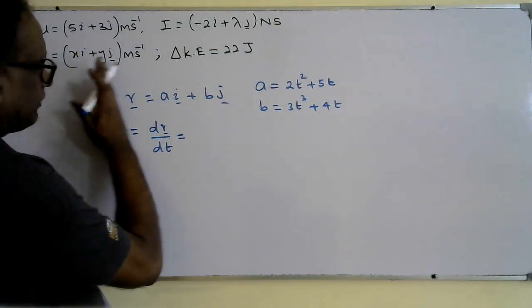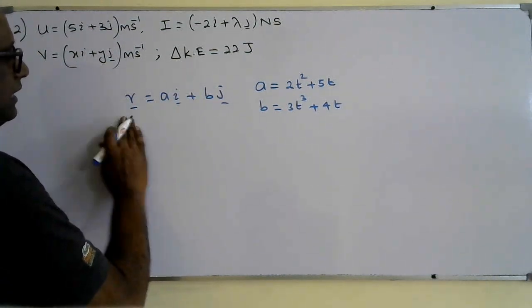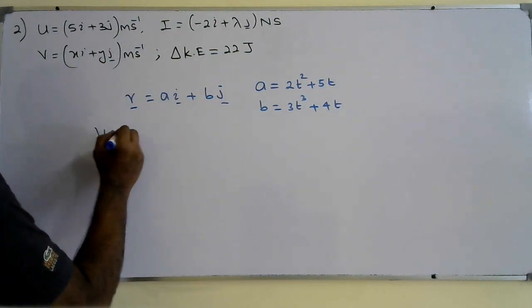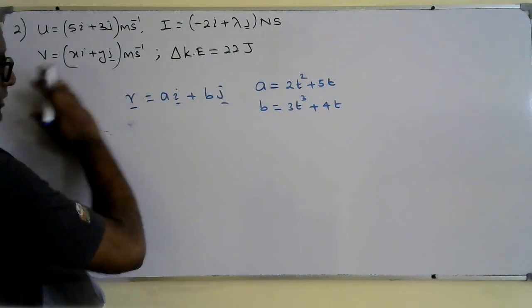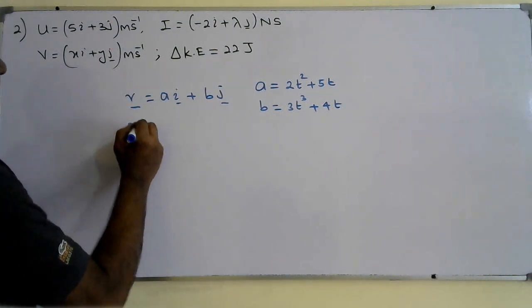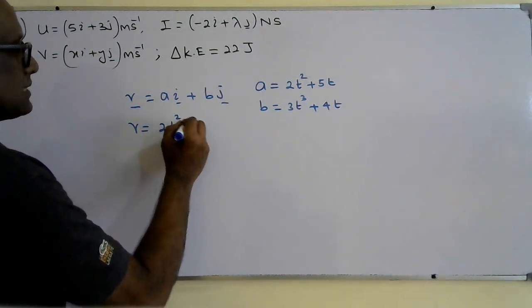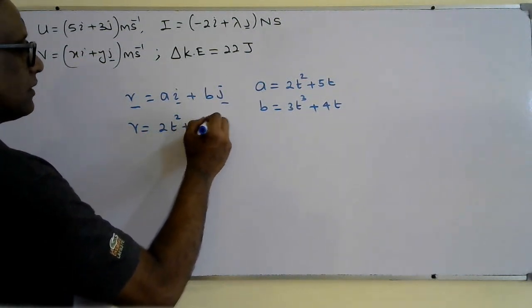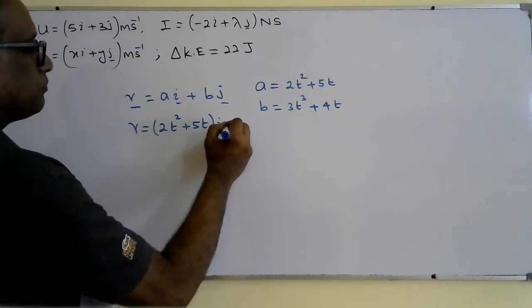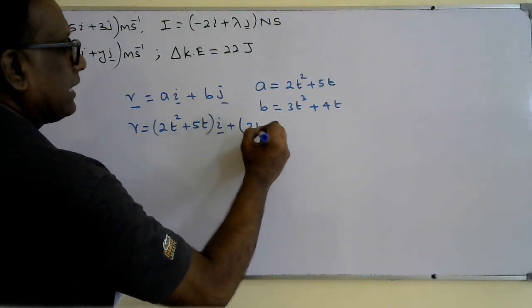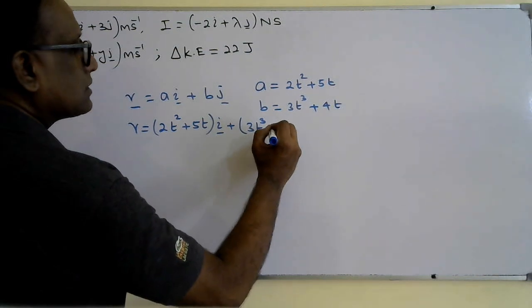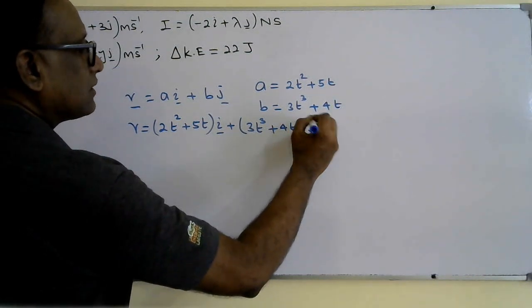If you differentiate, how to get the velocity vector? v is equal to, so we'll write the r first. r is given as, r is equal to (2t squared plus 5t) i plus (3t cubed plus 4t) j.